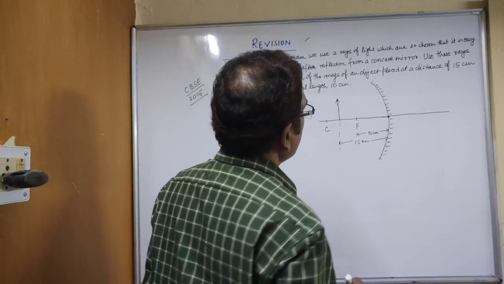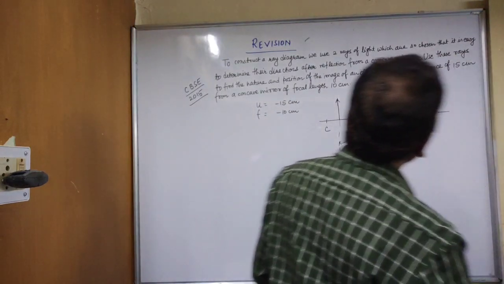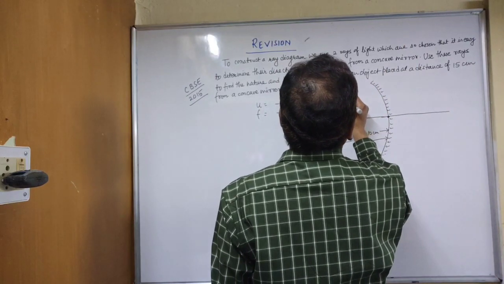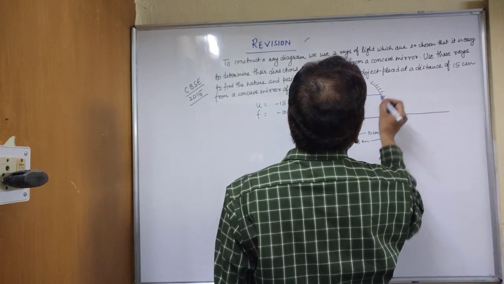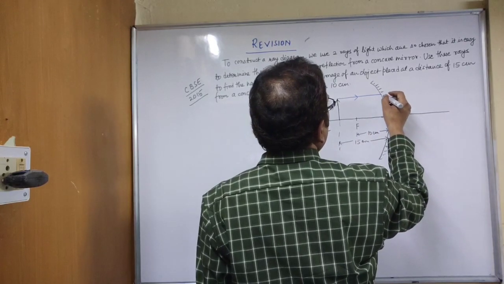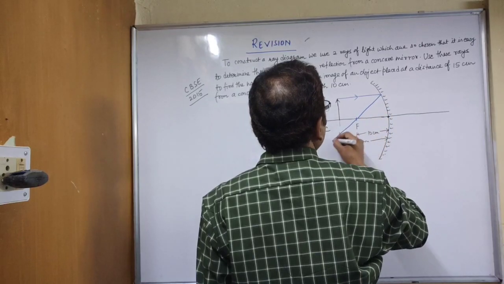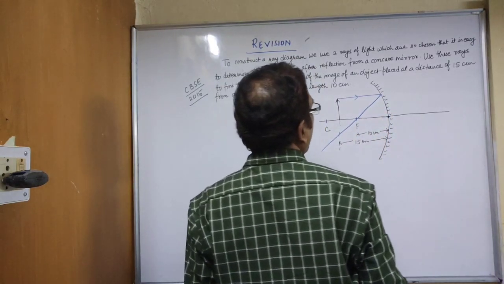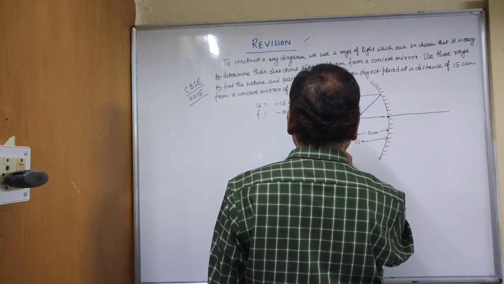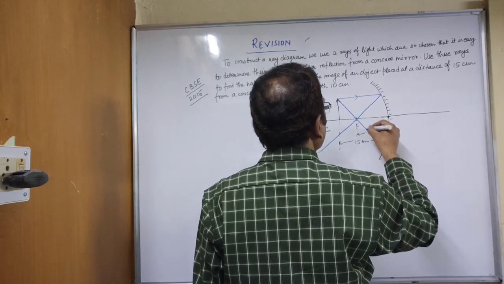So if the object is between C and F, you will draw a ray diagram. First we will take a ray of light which is parallel to the principal axis. After reflection, this ray will pass through the focus. Then we will take another ray which passes through the focus.